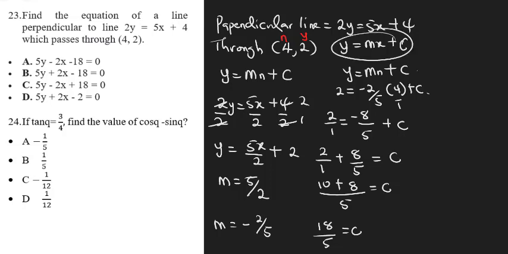Now we're going to substitute it into this equation, right? So substituting into the equation, we have y equals mx plus c, right? So what is our y? We don't know in this case. So this is going to be y equals, our m is minus 2 over 5, right?